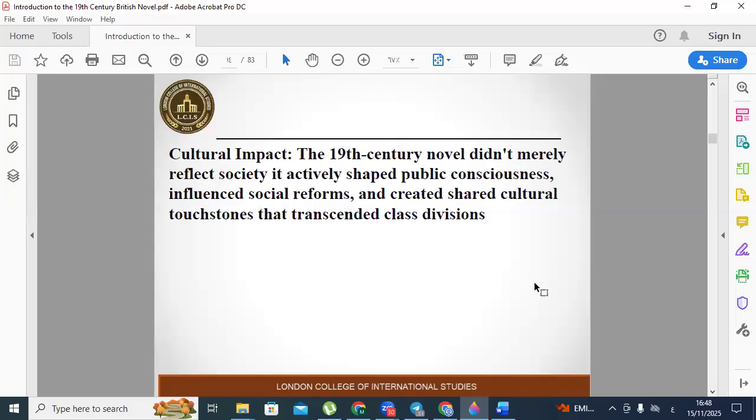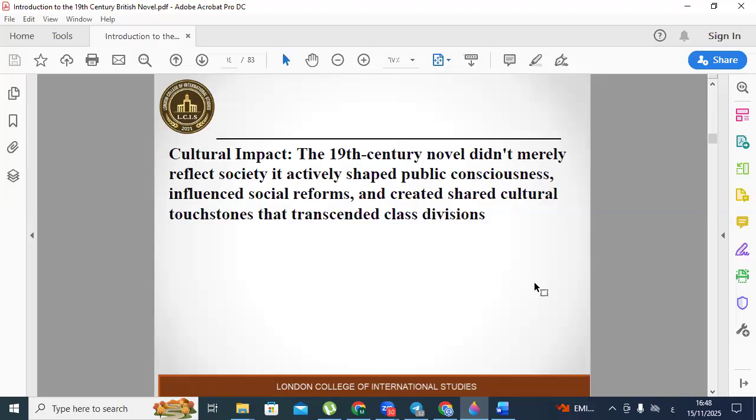We sometimes think of literature as just entertainment or as secondary to real historical forces like economics or politics. But Victorian novels were themselves historical forces. They shaped how people thought about poverty, gender roles, education, class relations, and countless other issues.